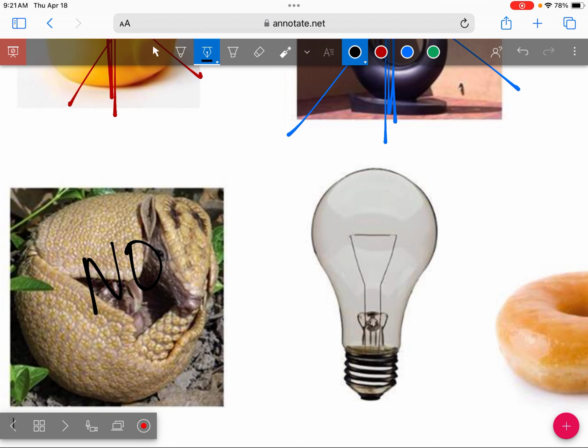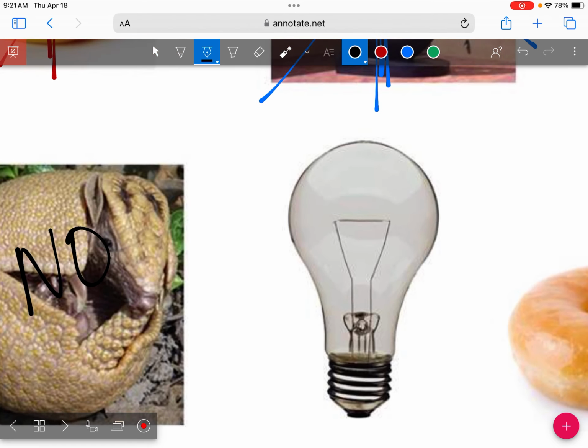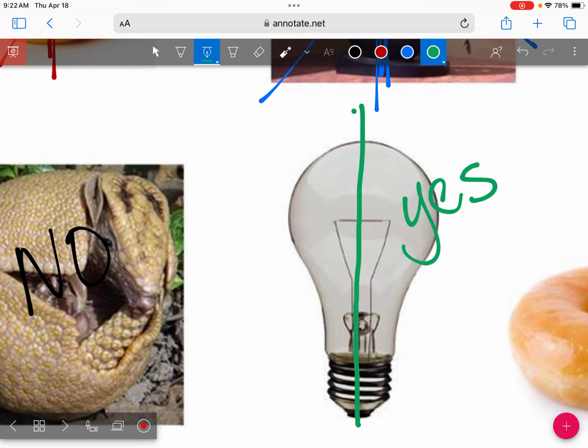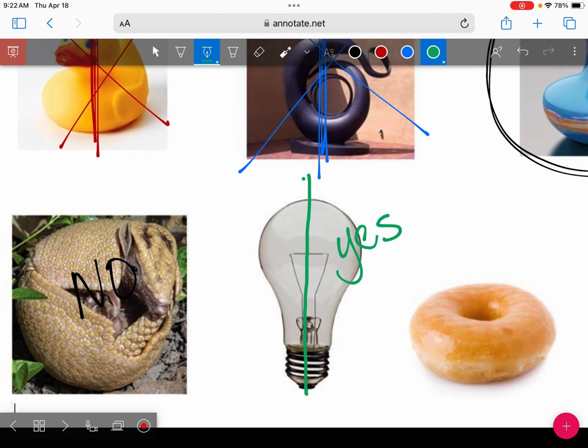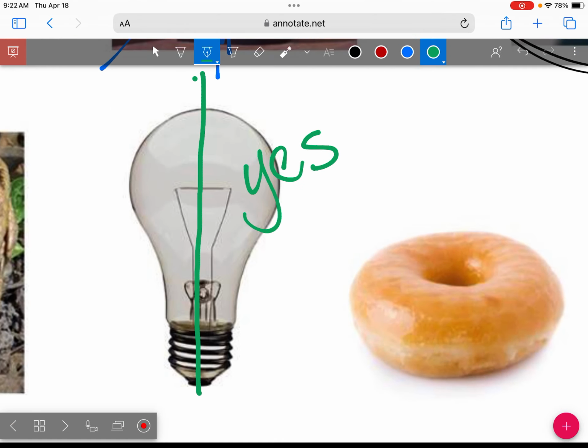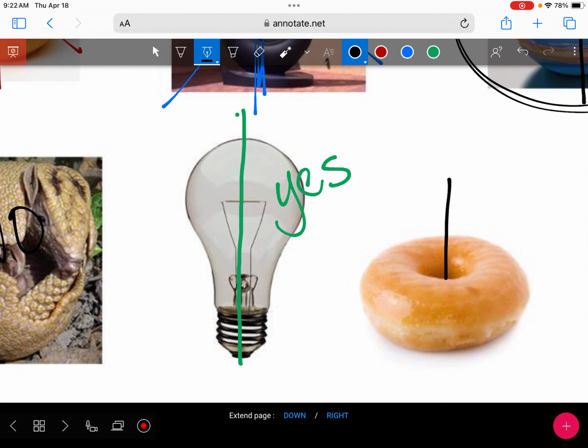All right, what about the light bulb? If you draw straight down the middle, and my line isn't perfectly centered, but this does have symmetry, that's a yes. Now this donut, I can argue yes and no, but I think for the textbook, they were trying to say yes.